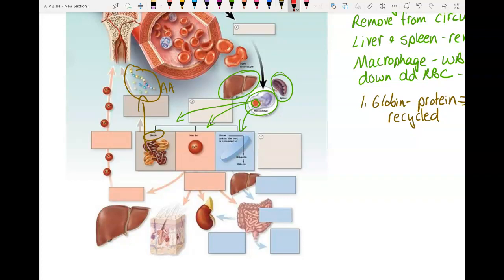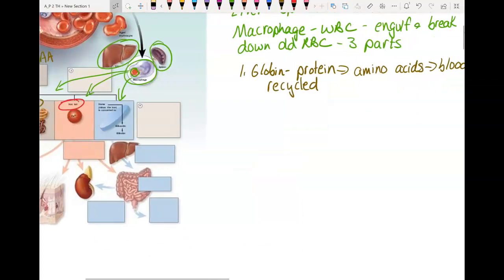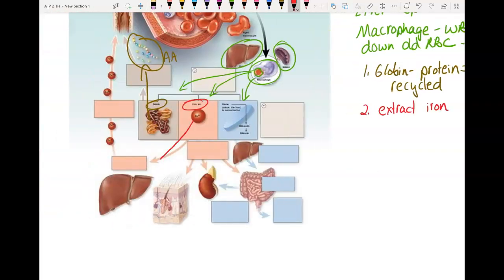The next part that you get is the iron atom. So you extract the iron from the hemoglobin. Your body will also recycle the iron. So the iron is going to go to your liver where it's going to be stored.